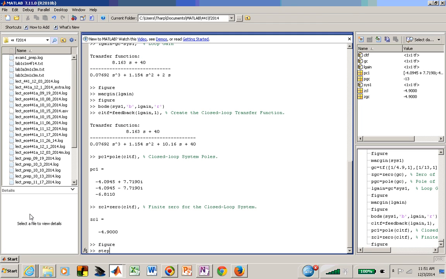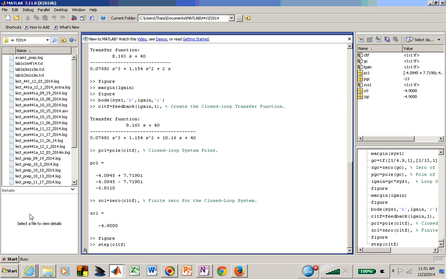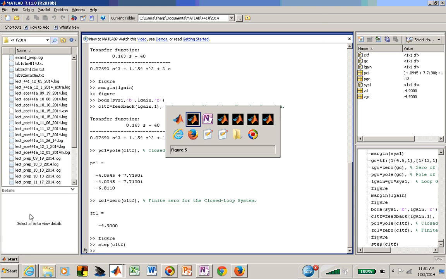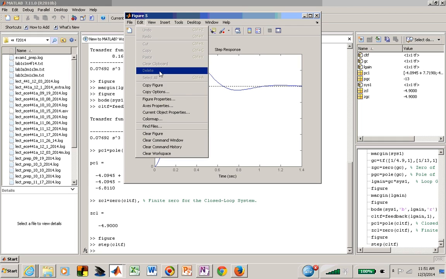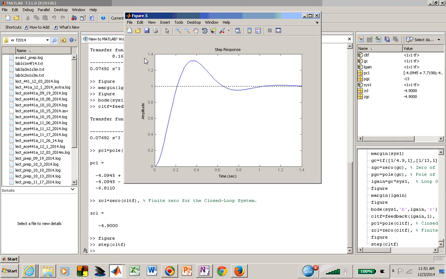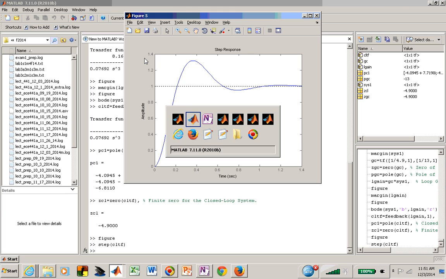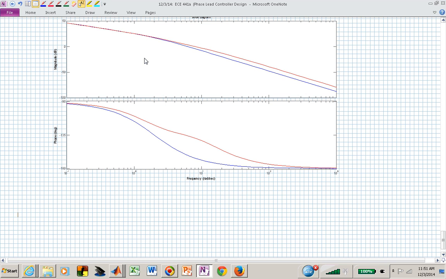We could look at the step response of that closed loop transfer function pretty quickly. And there is now what we have relative to our step response for this system.